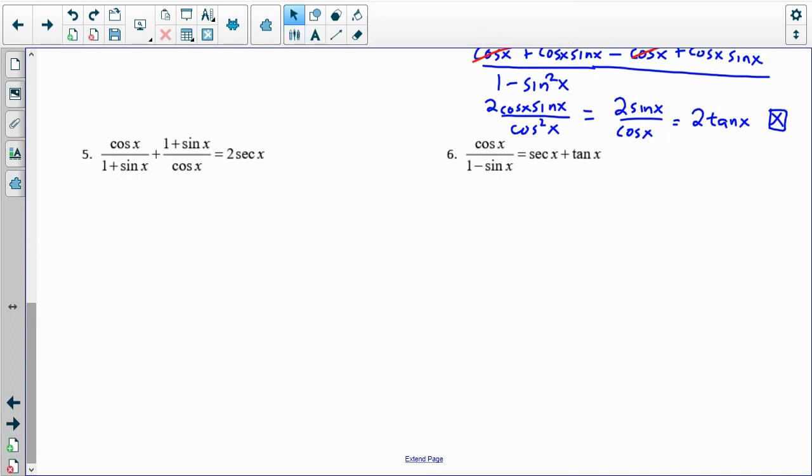Number 5, I will once again work with the left-hand side. In this case, I'm once again going to get a common denominator, so I'm going to multiply the top and bottom of the leftmost term by cosine x.